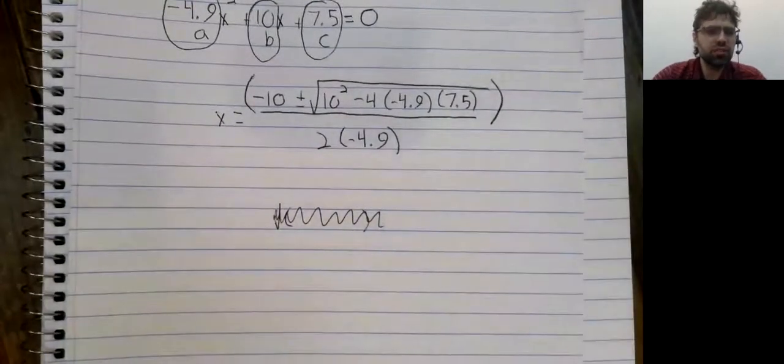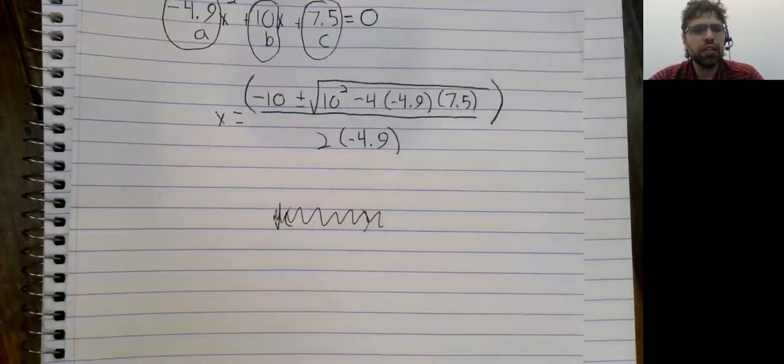But let's see now, 10 squared minus 4 times negative 4.9 times 7.5. Get out of this square root.